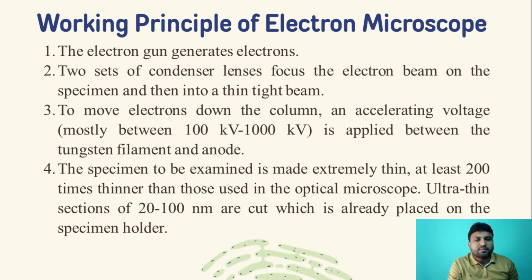The specimen to be examined is made extremely thin, at least 200 times thinner than those used in the optical microscope. Ultra-thin sections of 20 to 200 nanometers are cut, which are then placed on the specimen holder.